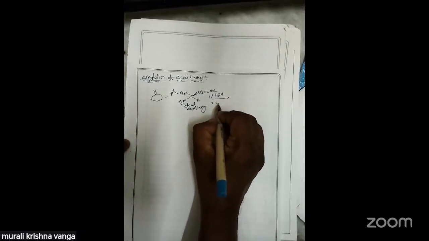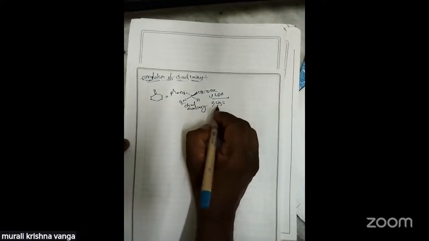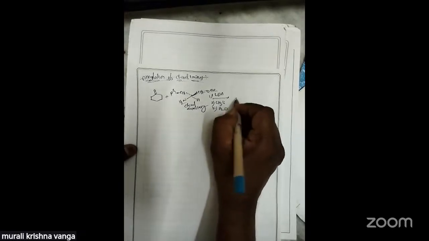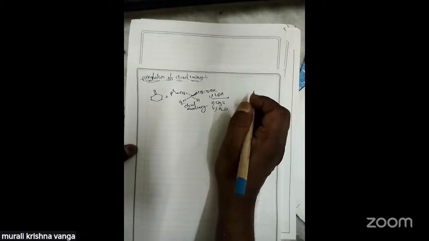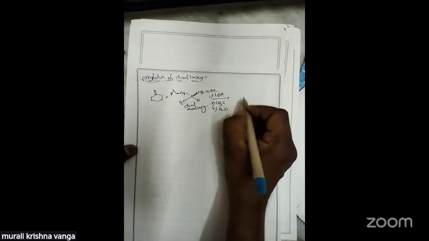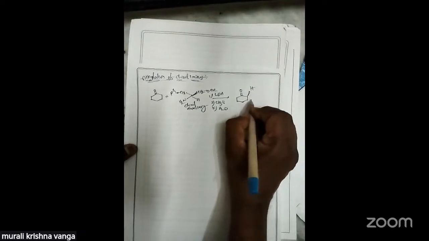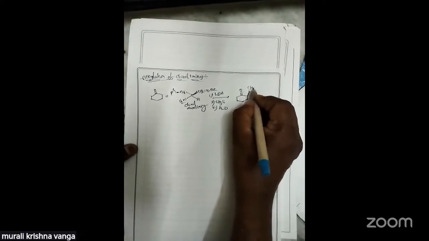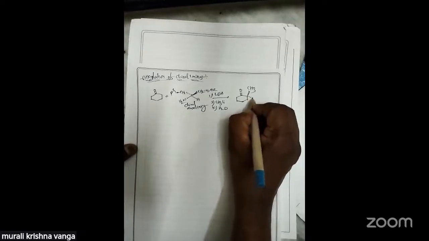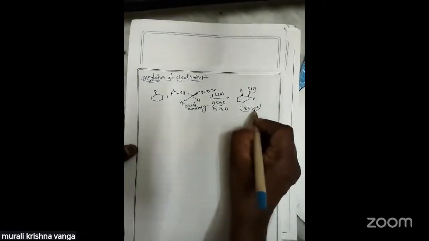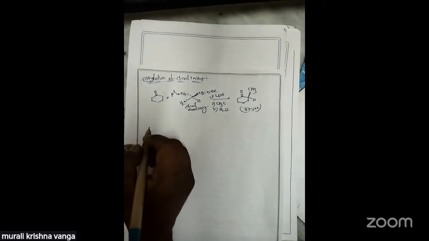Second one is methyl lithium. Third one is hydrolysis, then gives 87% enantiomeric excess and characterize the product.